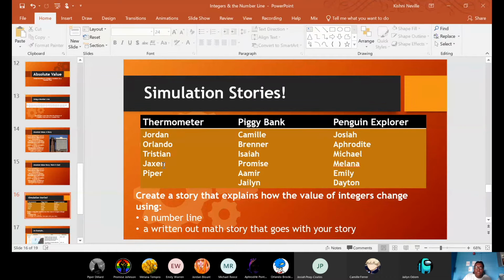Jordan, Orlando, Tristan, Jackson, and Piper, you guys will be writing a story about the thermometer. Camille, Brenner, Isaiah, Promise, Amir, and Jalen, you'll be writing a story using the piggy bank FET simulation. And Josiah, Aphrodite, Michael, Milena, Emily, and Dayton, you'll be writing your own story about the Penguin or the Explorer.